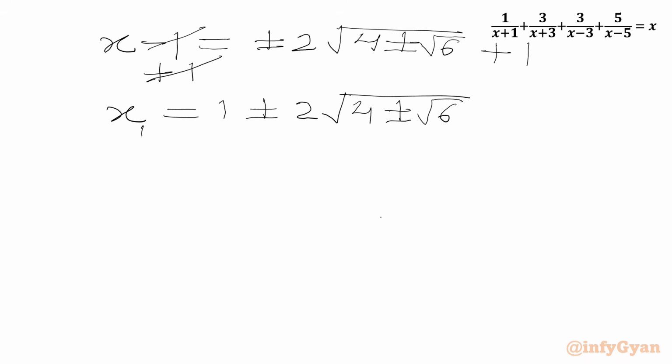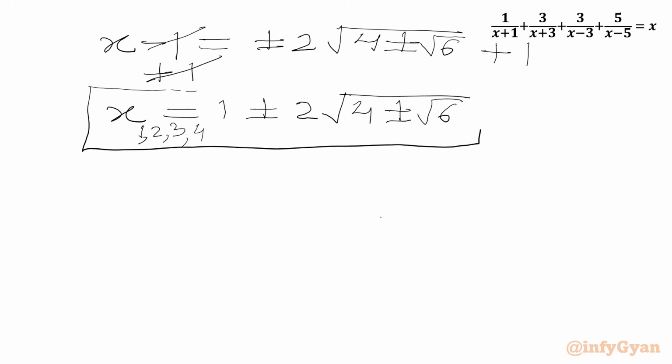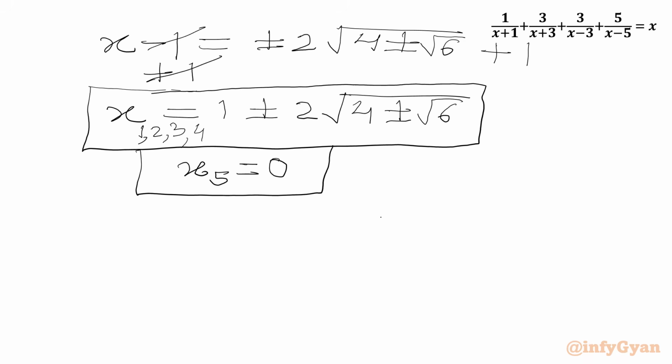So here we have 1, 2, 3, 4 real values of x, and the fifth value is x equal to 0. So we have 5 real solutions.